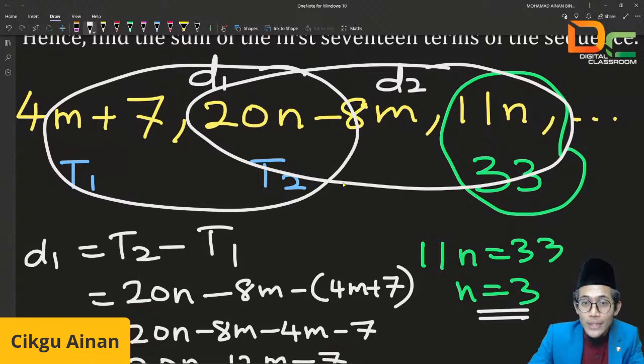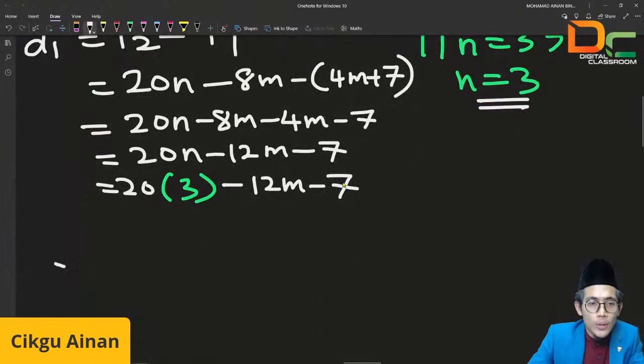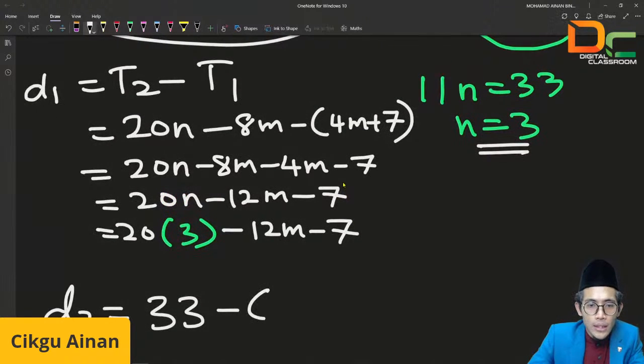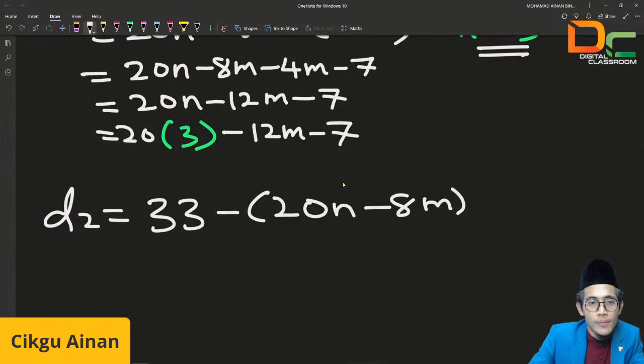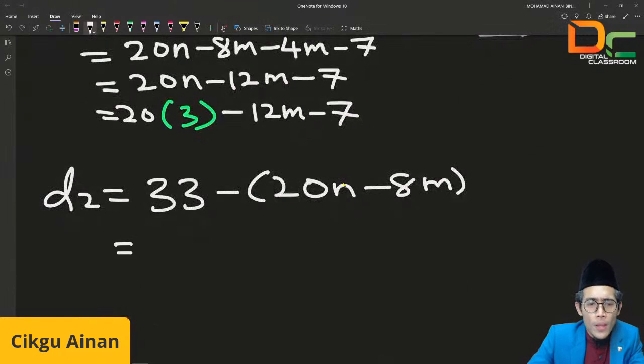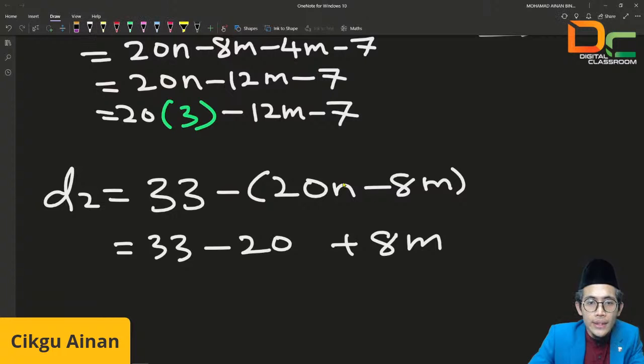So we are going to write down here. D2, tadi dah dapat 33, right? 33 minus 20n plus 8m. N tadi dah dapat nilai, n is 3, right?